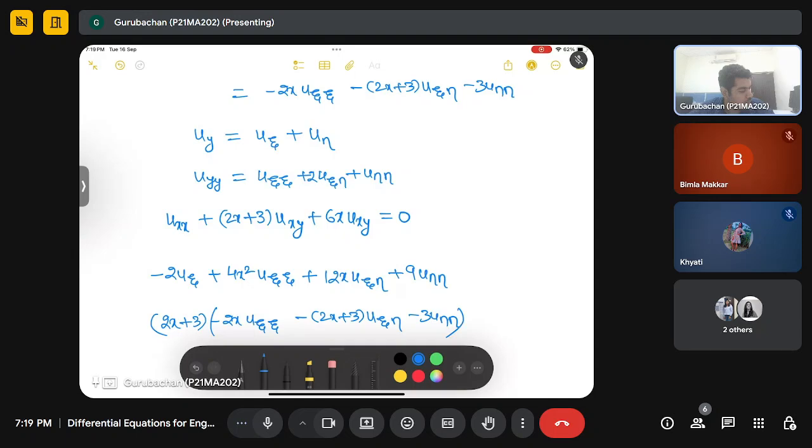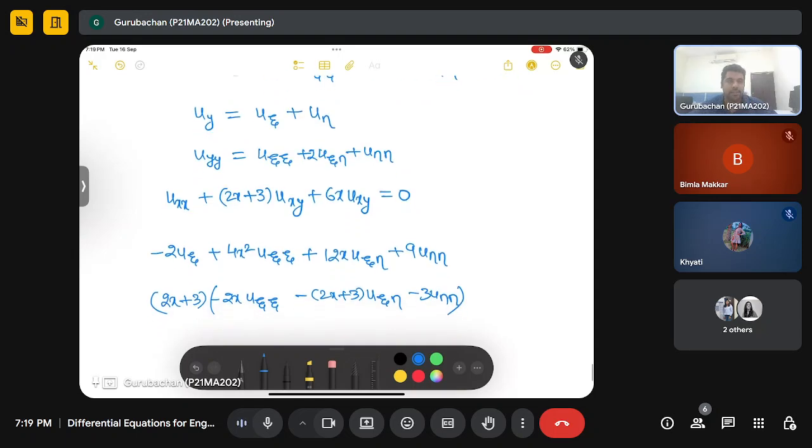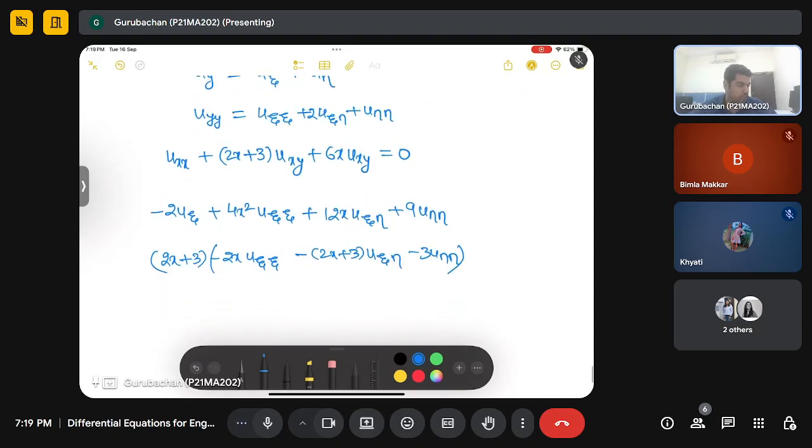So this is your value. Next is 6x times u_yy, sorry, this is this value. So this is nothing but equal to 0.